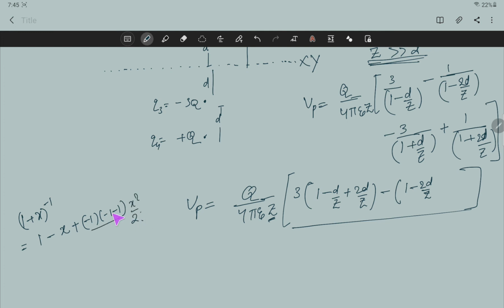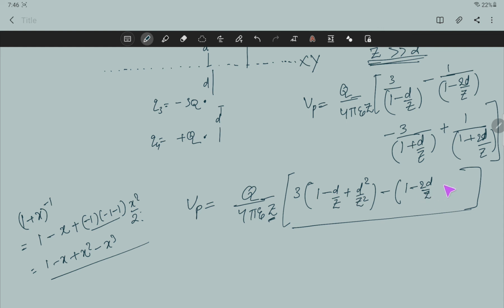So this will become, 2 cancels, so this is 1 minus x plus x square minus x cube, like this. Yeah, I did it wrong here. Let me refine it. So this is the first term, and the second term will be positive d square by z square.